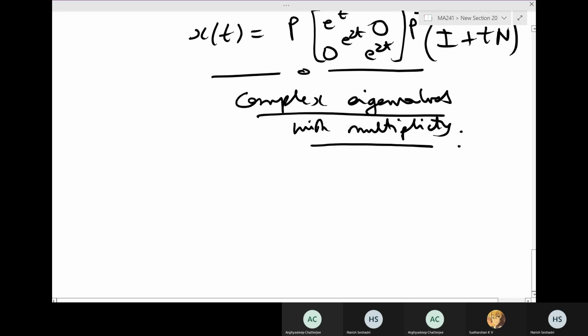Complex, non-real. So now the moment you insist that you have only complex eigenvalues in this sense for a real matrix, you're forced to have the size of the matrix be even, because you know that lambda and lambda bar will have to be there, right? And they'll be distinct. So every eigenvalue comes with its pair. So the size has to be even.